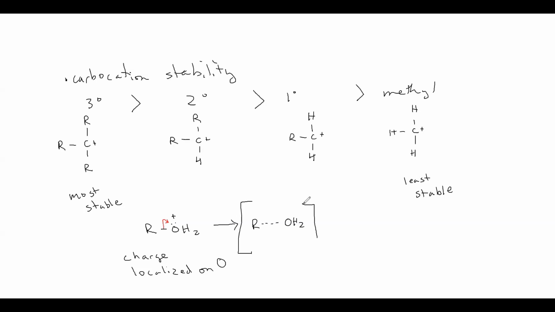So at the transition state, we start to lose the positive charge on the oxygen and start to form the positive charge on the carbon. And so anything that helps to stabilize the positive charge as it forms on that carbon is going to help those reactions go where we have to form carbocations.